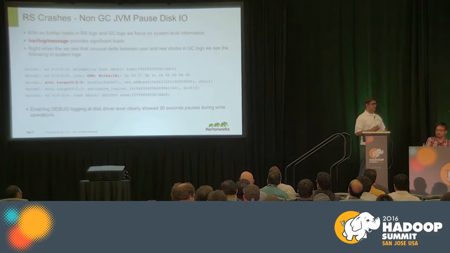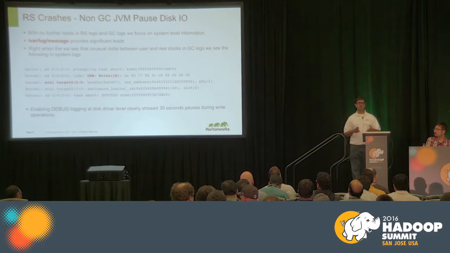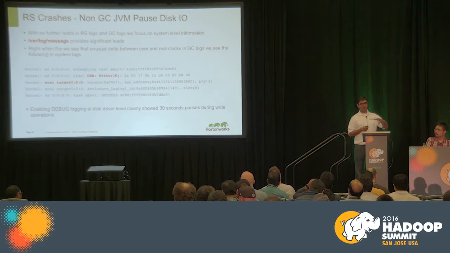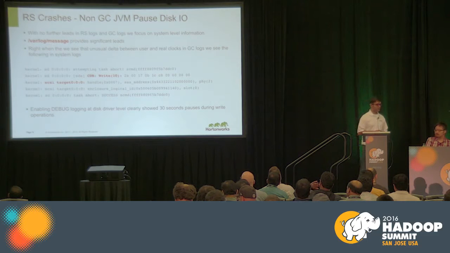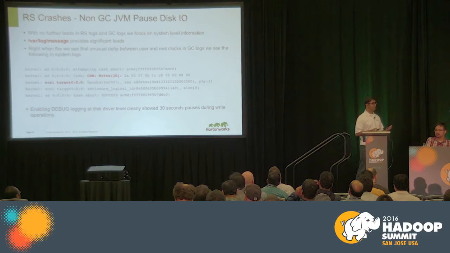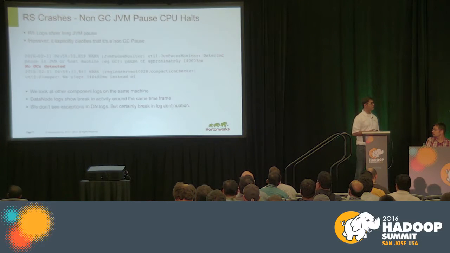And evidently enough, we were able to see in the firmware driver logs that under heavy load, writes to the disk were getting paused for 30 seconds, and that's where we were getting pauses in the JVM, eventually crashing the region server. This was an interesting situation. It took quite a while getting the hardware vendor involved, having them enable firmware logs, to eventually get to the root of the problem. But that's where we found the solution in the end.